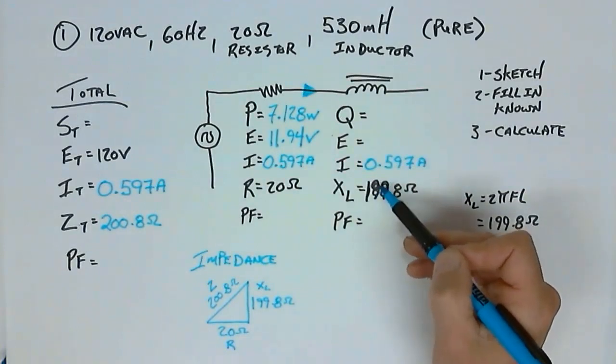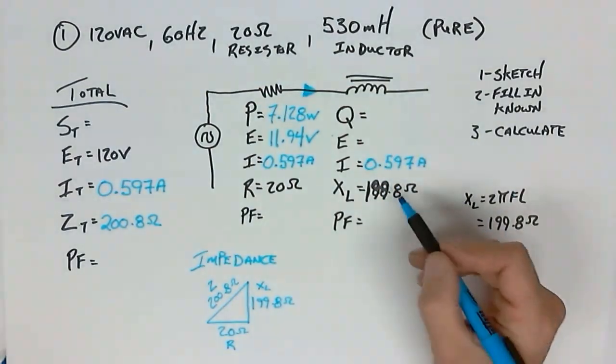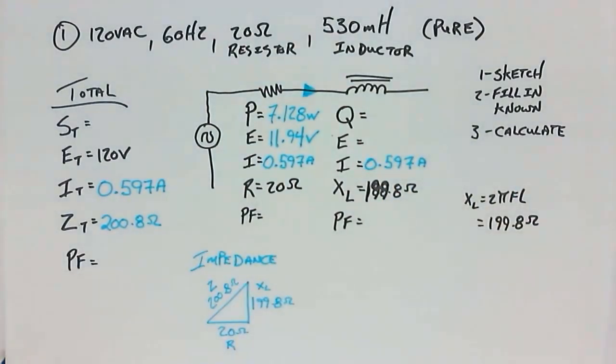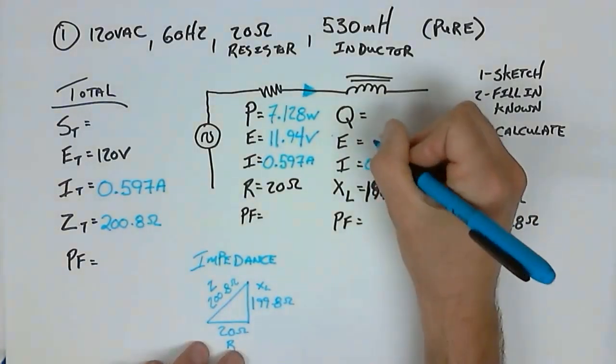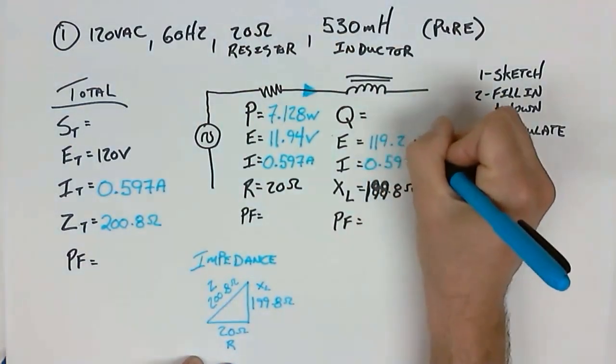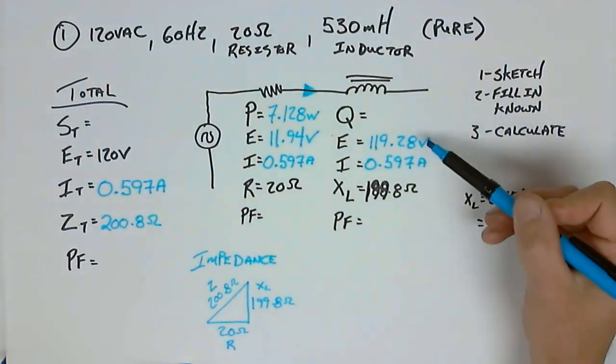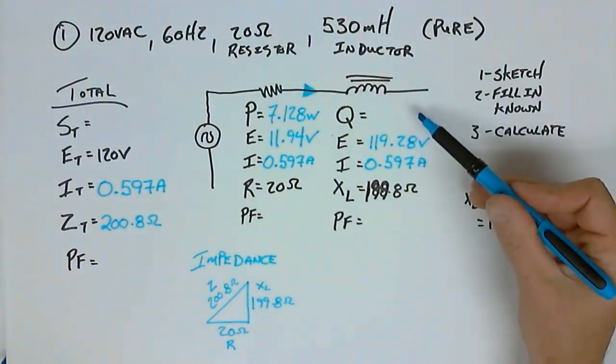Well, I've got ohms and amps. Can I just work out the volts? Sure. So let's use Ohm's law. Ohms times amps. So 0.597 times 199.8 gives me 119.28 volts.